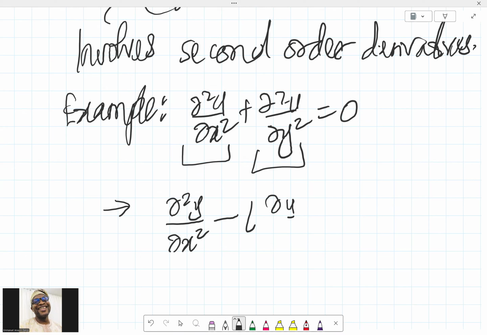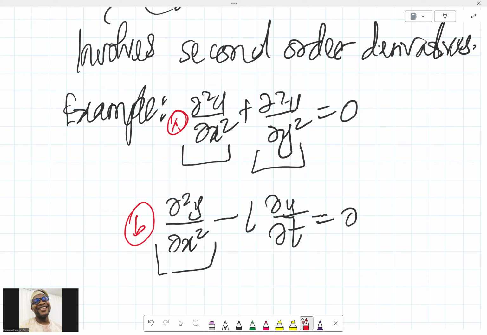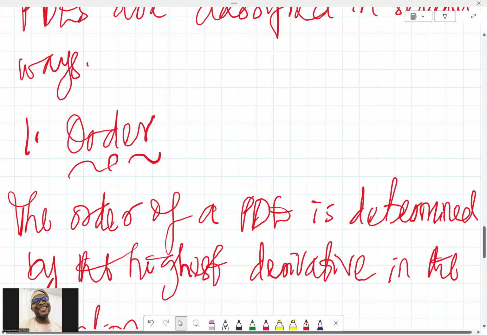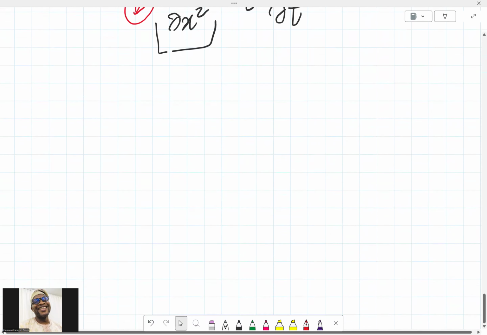Y is the dependent variable. So partial y, partial t equals 0 or equals whatever. Because the highest derivative is of second order, this is also an example of a second order differential equation. So this is example 1, this is example 2. So we can classify differential equations based on order, all right? So another way of classifying would be what we see next.